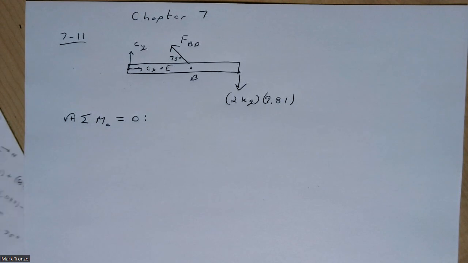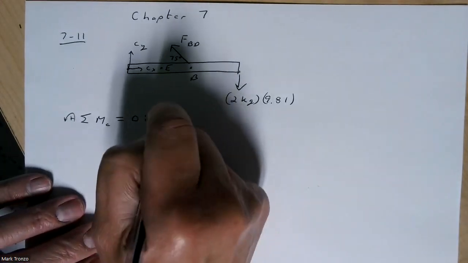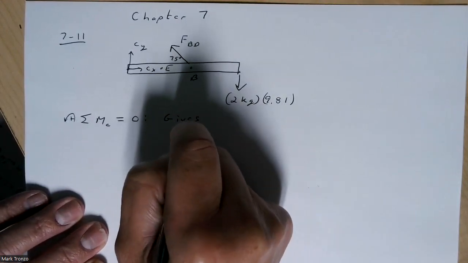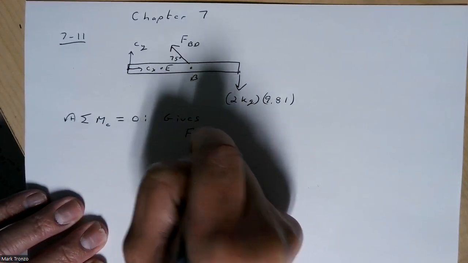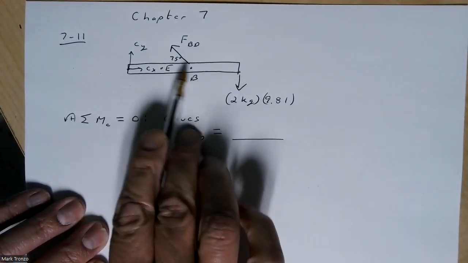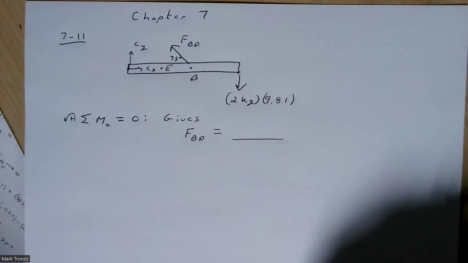So we want to start with that. And then once you've done that, you'll get FBD from summing the moments about C.